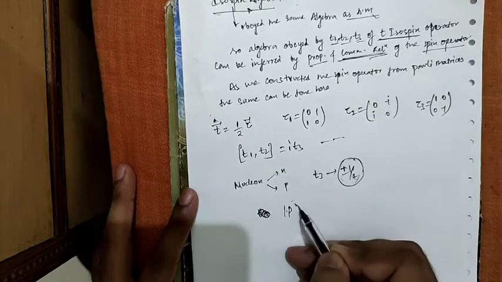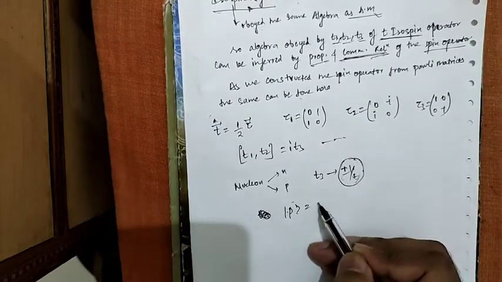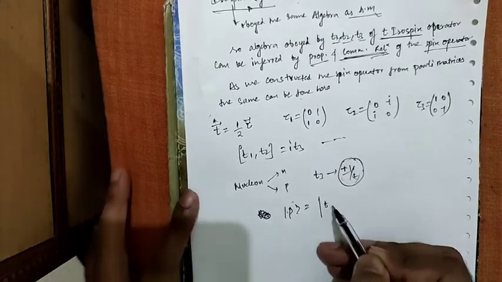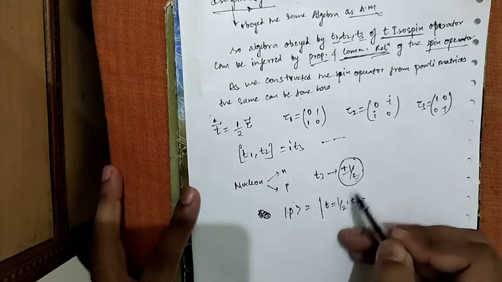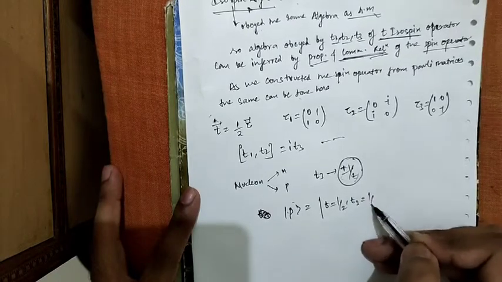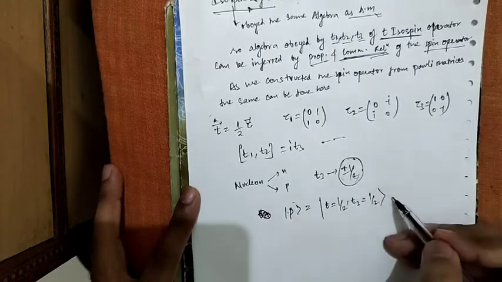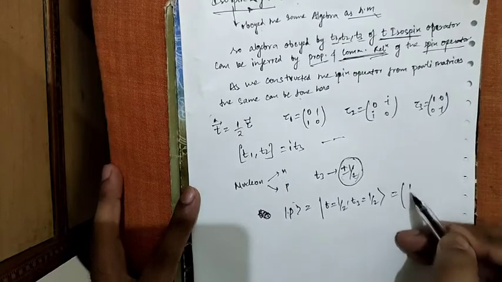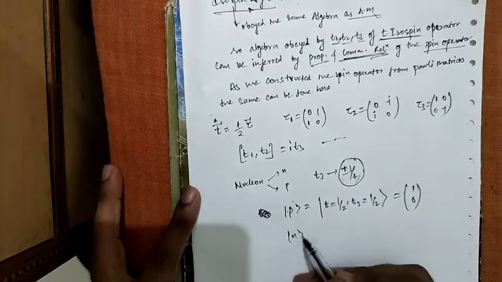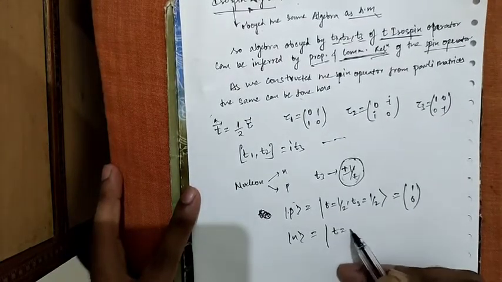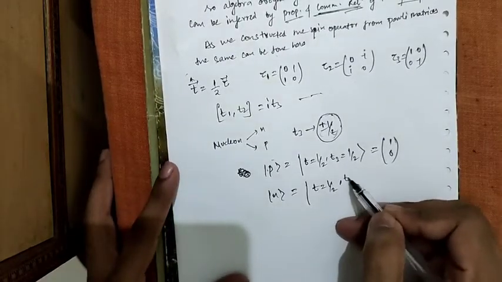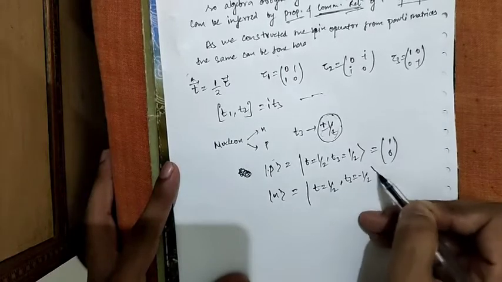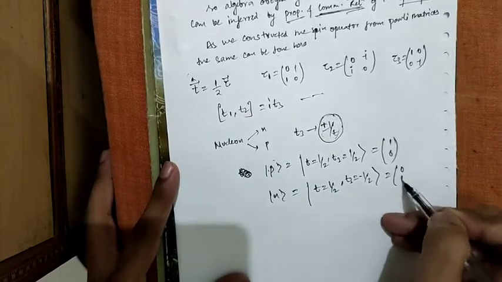Denoting the states, proton is |1/2, +1/2> which equals (1, 0), and neutron is |1/2, -1/2> which equals (0, 1).